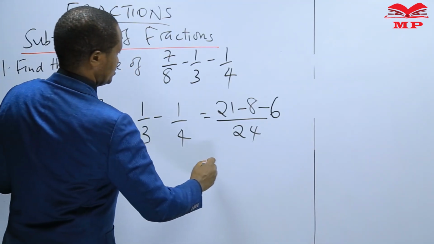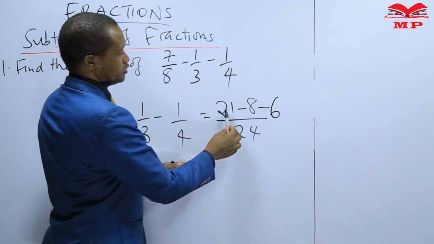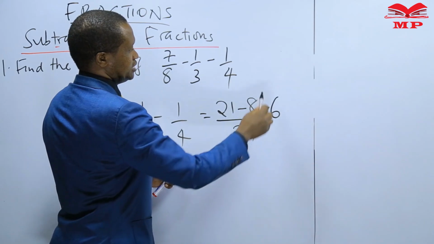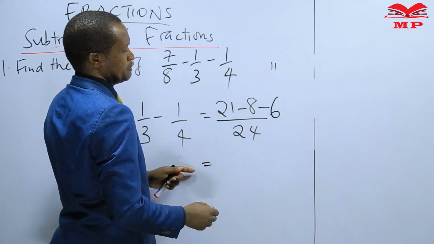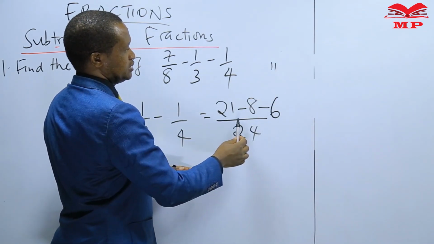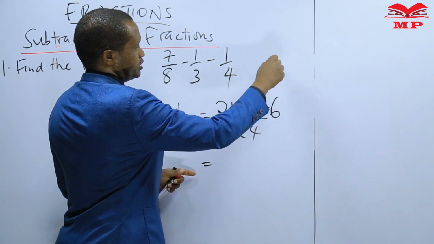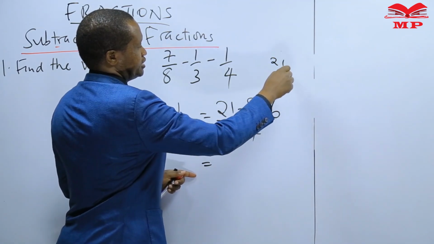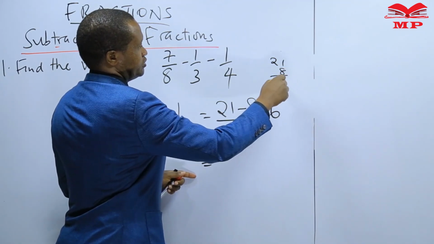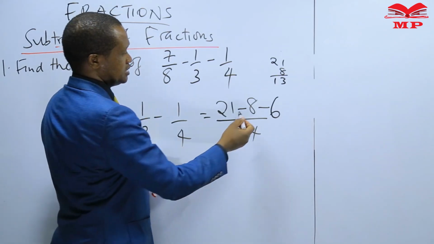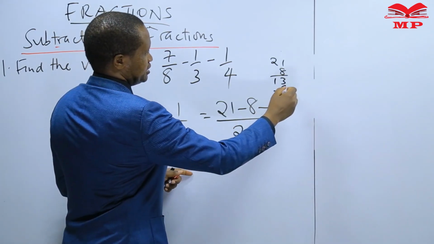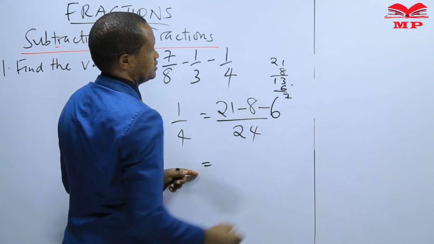So this will be equal to 21 minus 8 is equal to 13. 13 minus 6 is equal to 7.